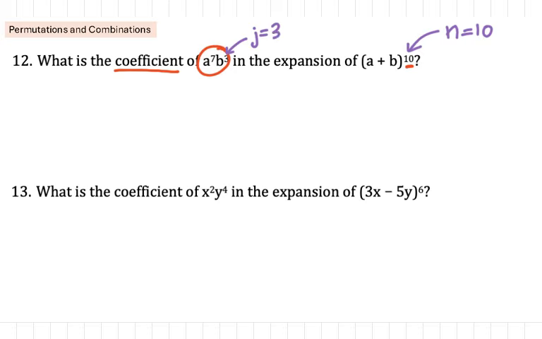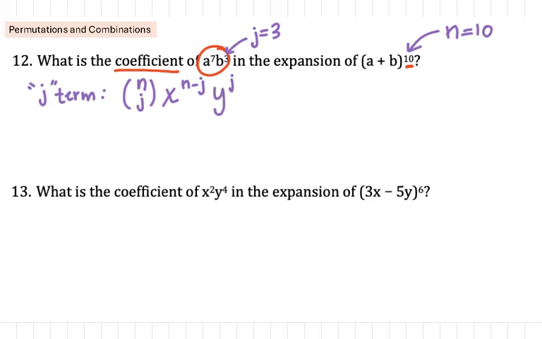And it turns out that any j term, like that, you can get by this formula. So you can say the j term is going to be this formula. N choose j, the x term to the n minus j, and then the y term to the j power.